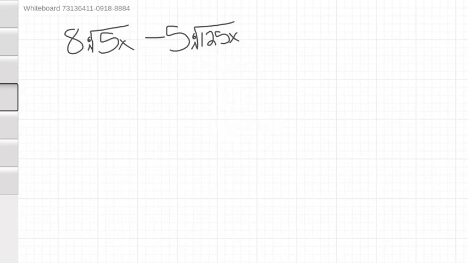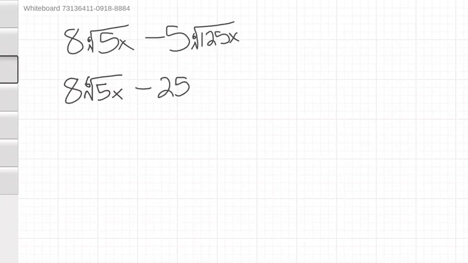So now it would be 8 6th roots of 5x minus 25 6th roots of 5x.